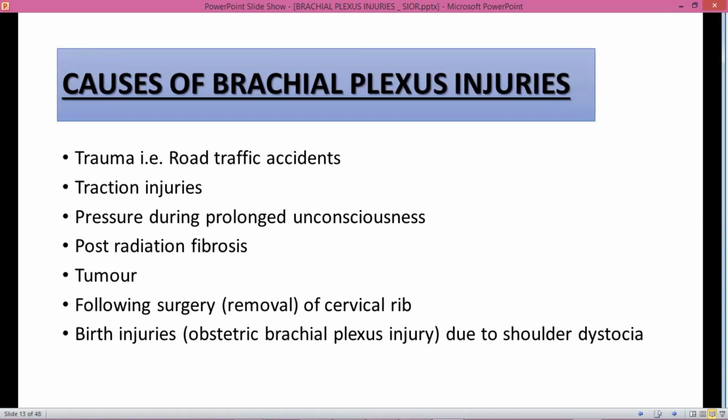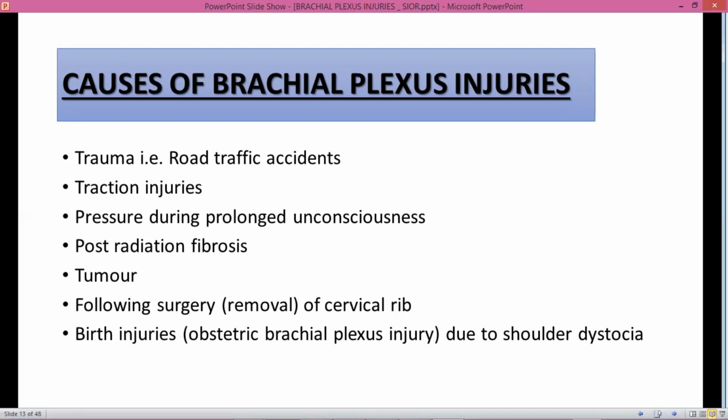Then traction injuries: if there's excessive pull, it can cause pressure on the brachial plexus. Also, if the hand gets stuck in hyperabduction, it can cause pressure during prolonged unconsciousness. Then post-radiation fibrosis is commonly seen after radiation.